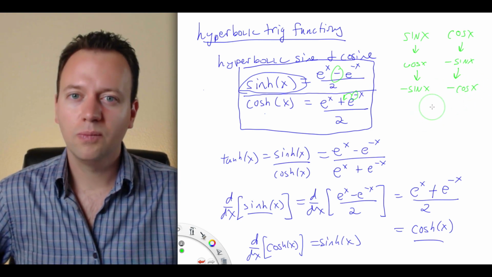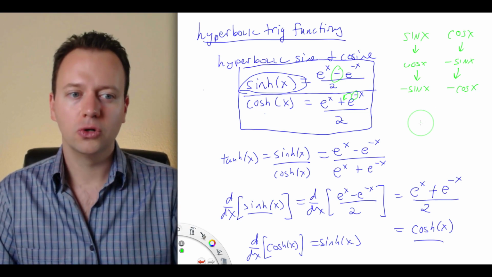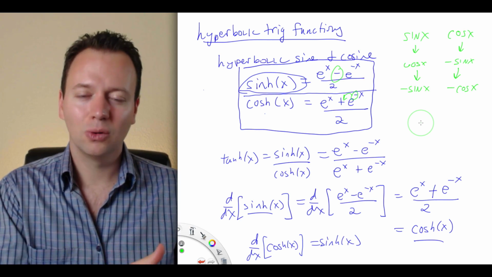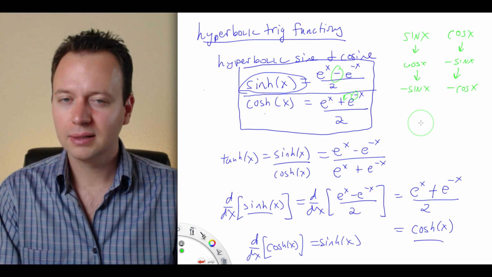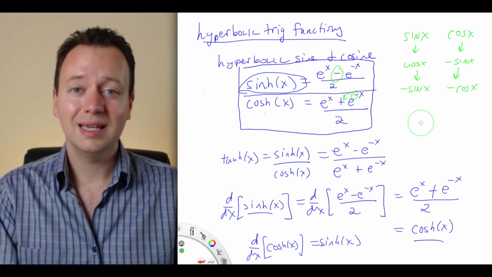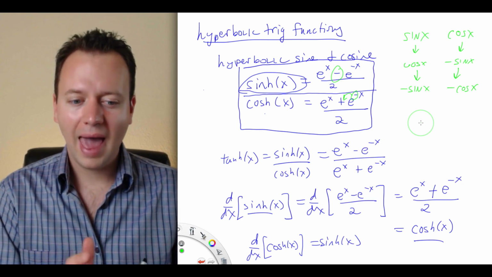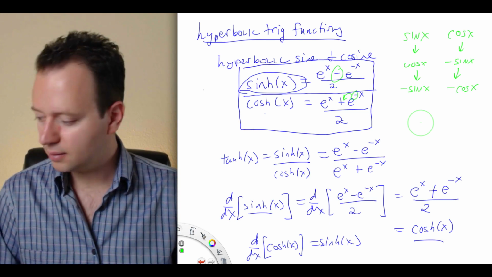So you'll notice with the basic trig functions, the second derivative is always the negative of the original, whereas with the hyperbolic trig functions, the second derivative is equal to the original. The second derivative of sinh of x is equal to sinh of x. The second derivative of cosh of x is equal to cosh of x. So that's one analog between regular trig functions and the hyperbolic trig functions.